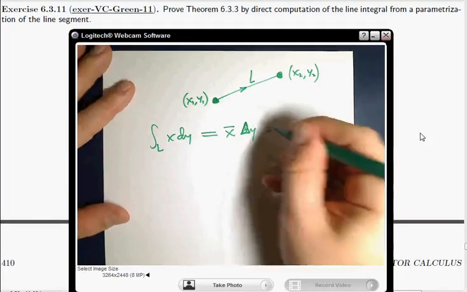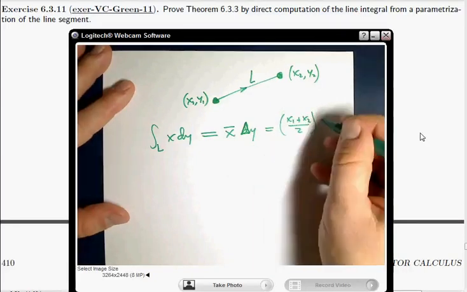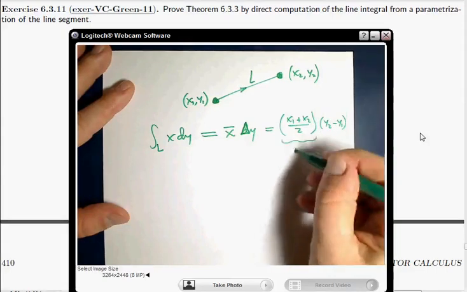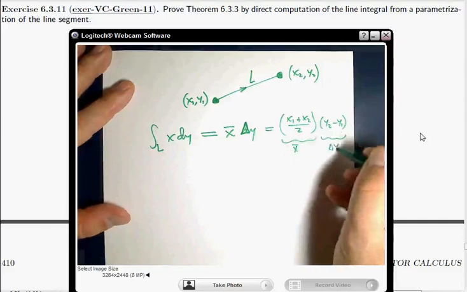More specifically, it's (x1 plus x2) over 2 times (y2 minus y1). That's what we're calling x bar, and this is what we're calling delta y.